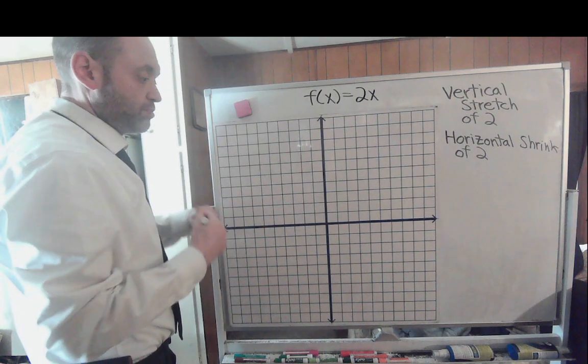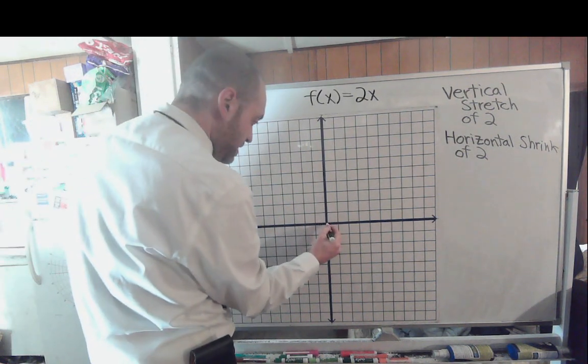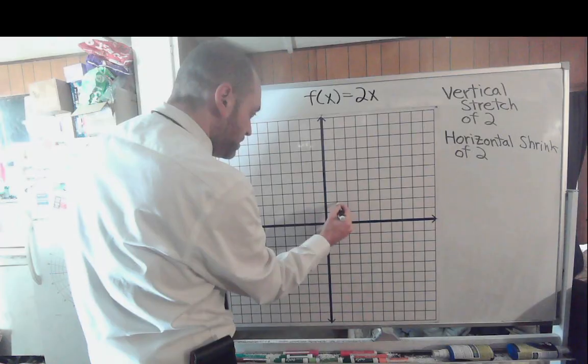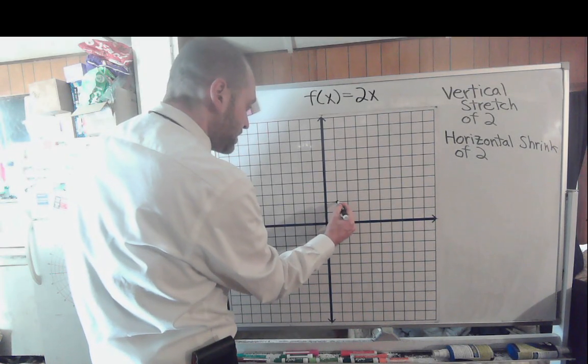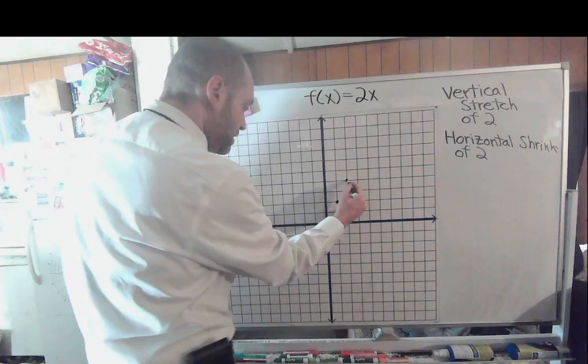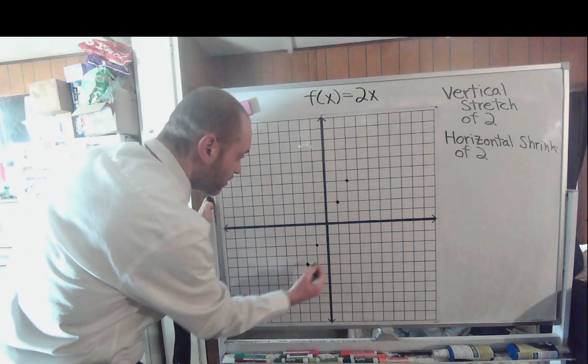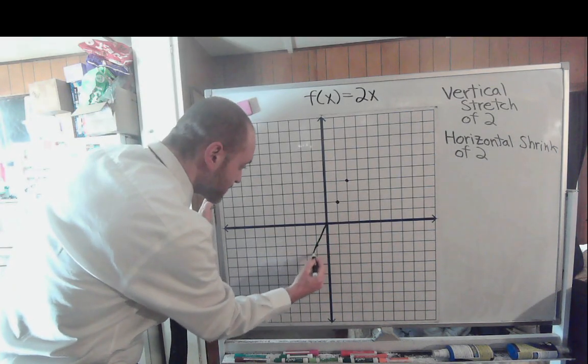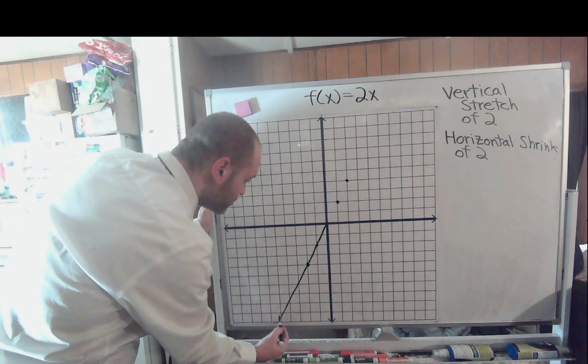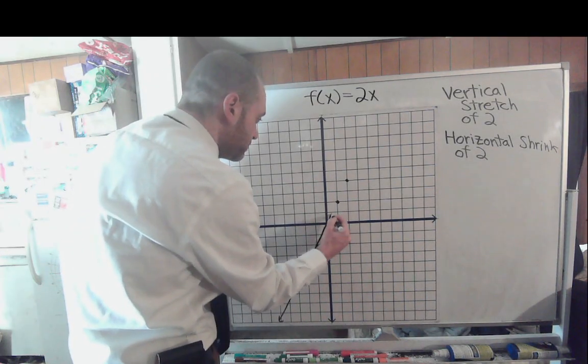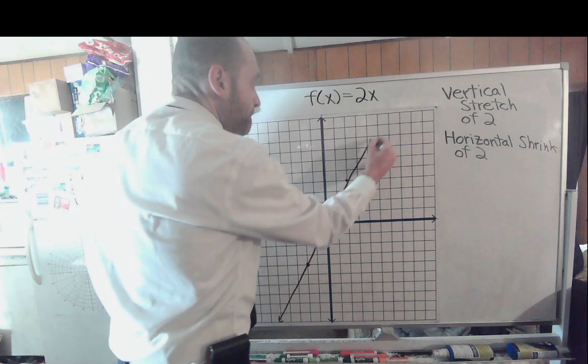So let's put in some points and plot this. So still 0, 0, 1, 2, 2, 4. All right, negative 1, negative 2, negative 2, negative 4.